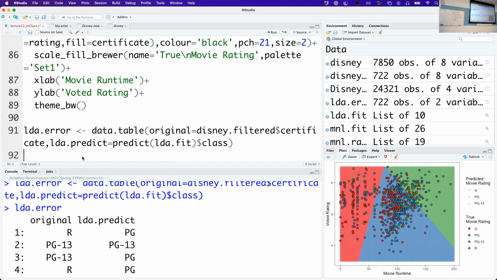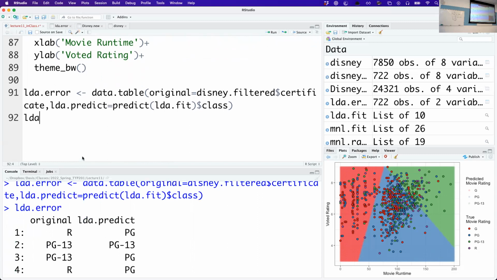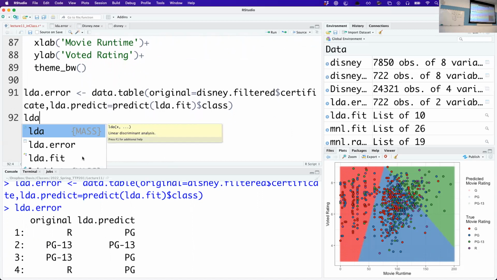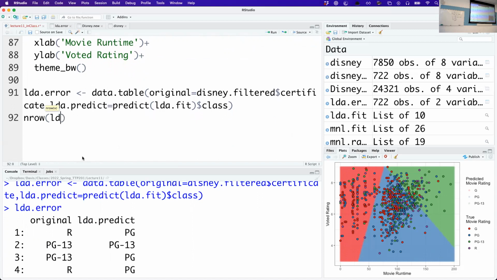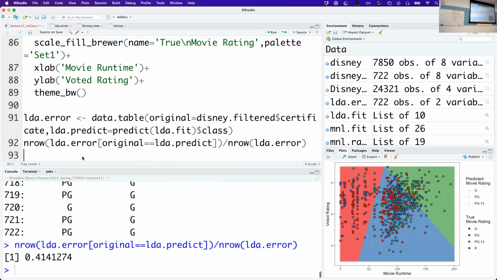A rough way you could do this is nrow of LDA.error where original equals LDA.predict, divided by nrow of LDA.error, I think. Or this would be the success rate, not the error rate. So it would be 1 minus that.